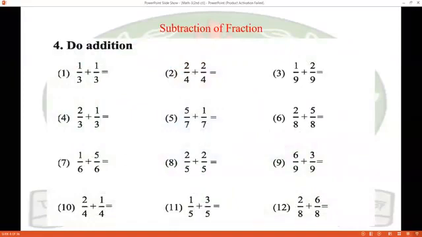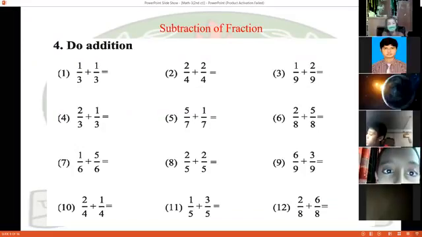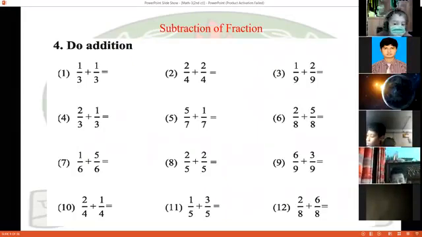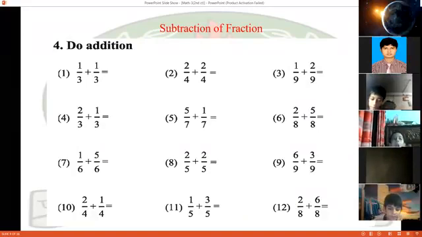On this page, there are some additions and subtractions. You have to solve them now. Now you try it, solve it. Open your exercise notebooks and solve it at that moment.